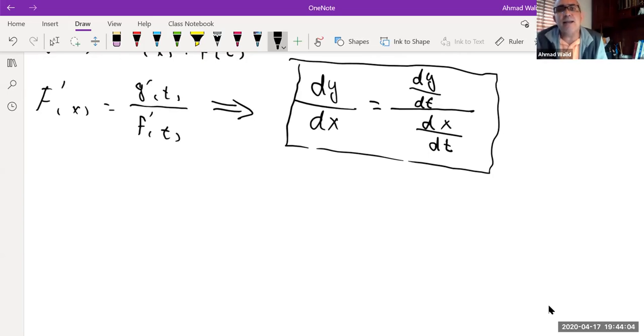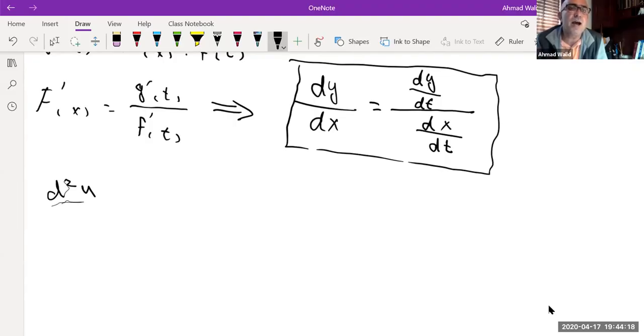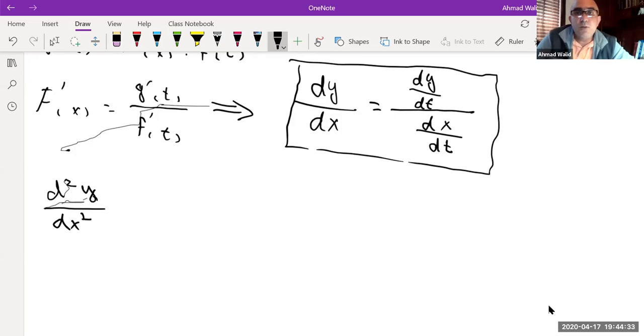Before going to an example, if I have this and now I'm looking for the second derivative, what is the second derivative formula? If I denote it this way, the second derivative d squared y over dx squared, to find it, replace your y with dy dx in this formula.